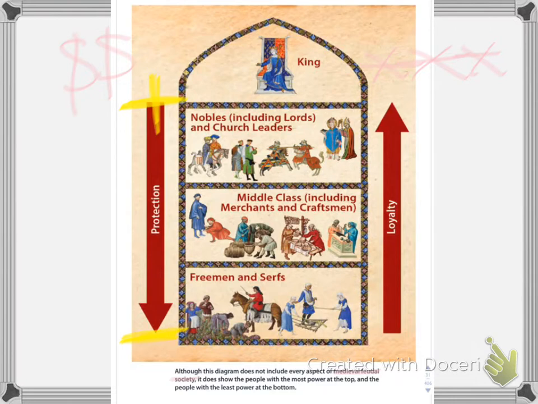Now if I look on the other side, I see an arrow on the right that's going in the other direction. This is the way where people were loyal. If I take a look at it, the ones below gave loyalty to the ones above.